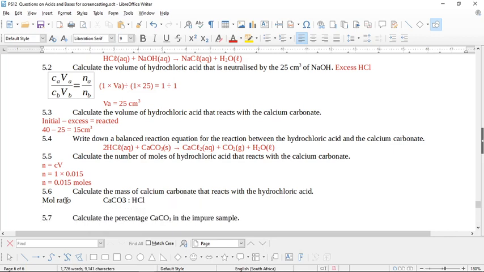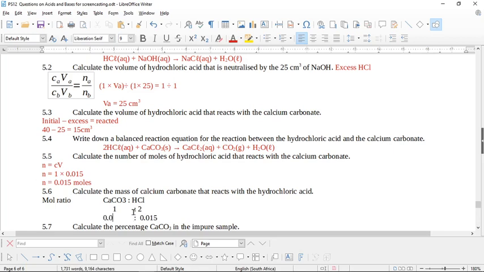How many calcium carbonates? It's 1 calcium carbonate. 1 calcium carbonate reacts with 2 hydrochloric acids. So if you look over here, if we've got 0.015 here, because we just worked it out, this is going to be half of that.